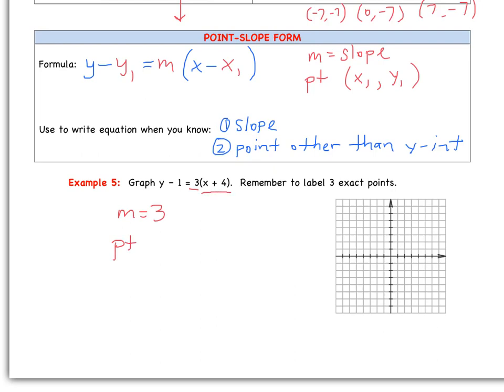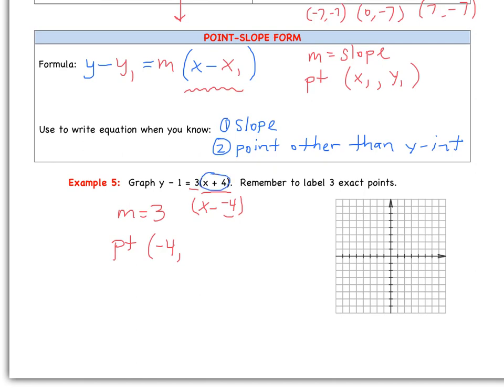Okay, and notice in our formula up above, it's that x minus x1. So in this case, it's x plus 4. All right, that's like saying x minus a negative 4. So therefore, the x value of our point is -4. We just take the opposite of what's inside with x here.